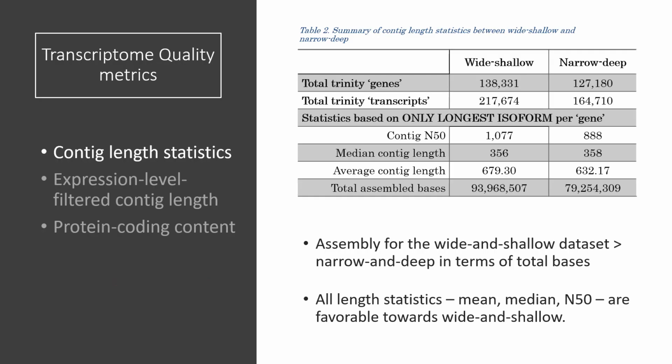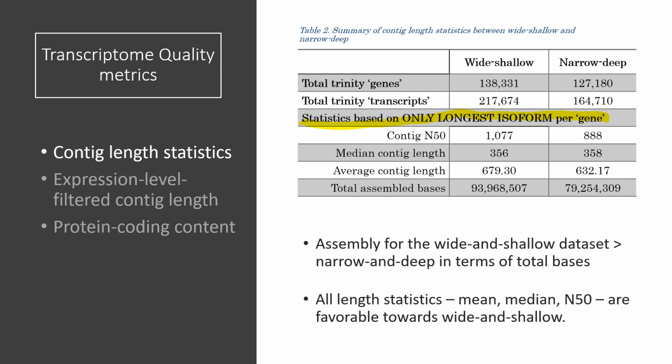Okay, so 3 different quality metrics were used. First off is the contig length statistics. Only the values from the single longest isoform per gene were considered to avoid the skewness of N50 values brought by a large number of isoforms.